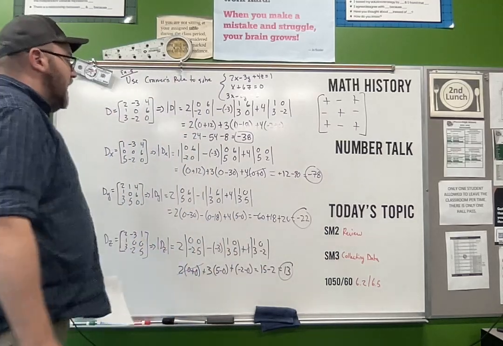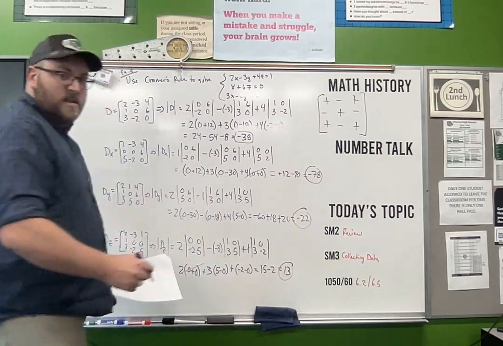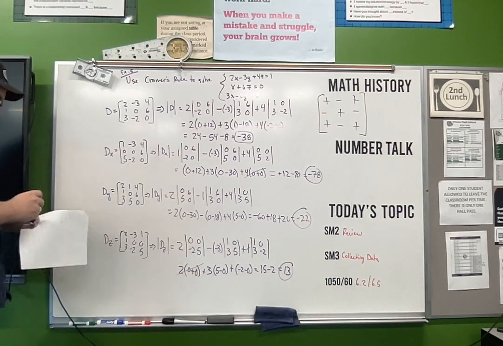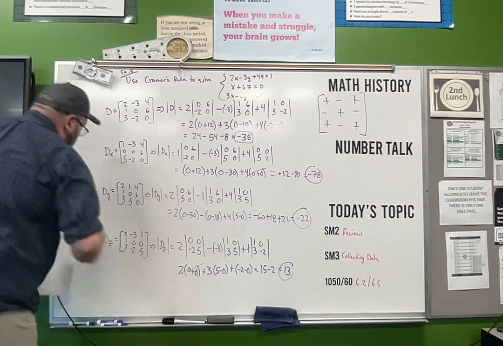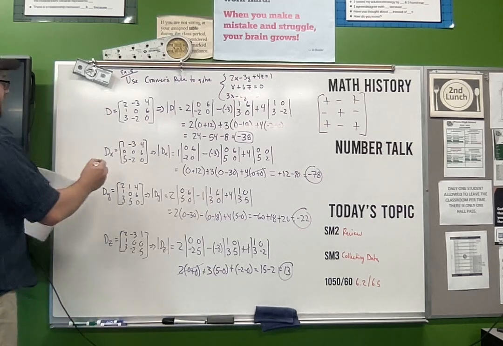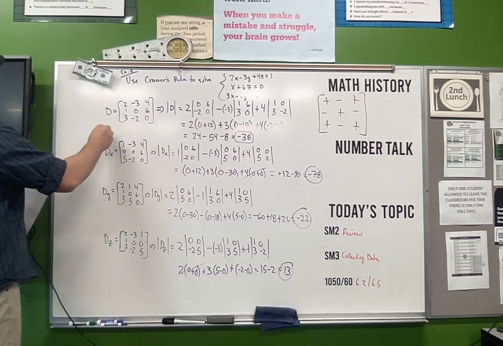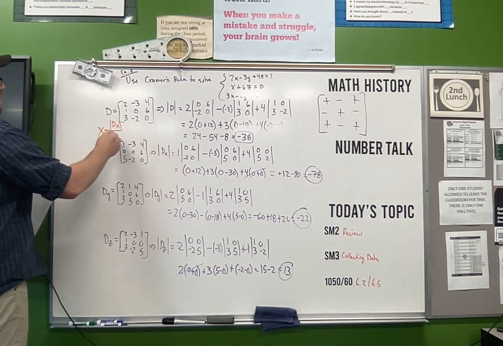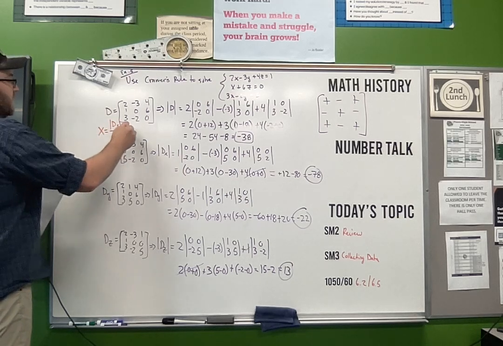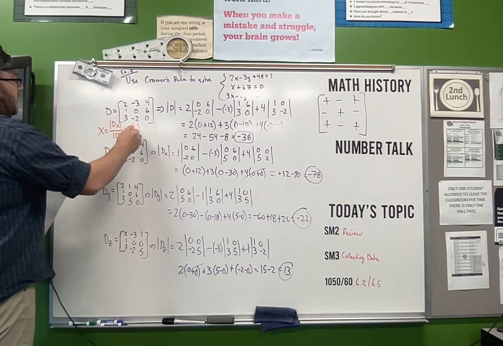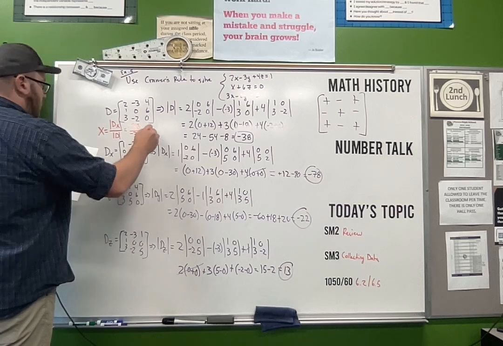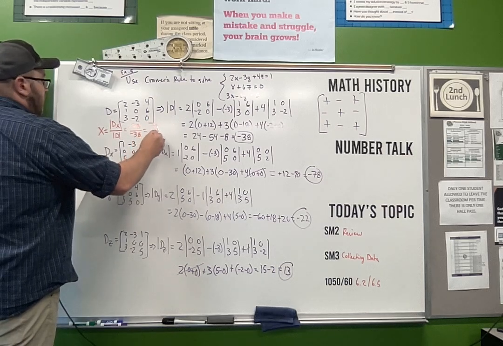Okay, so then x, let's see, where do I have space at? I'm going to put it in a different color here. X equals determinant of D sub x over determinant of D, which is negative 78 over negative 38, which simplifies to 39 over 19.